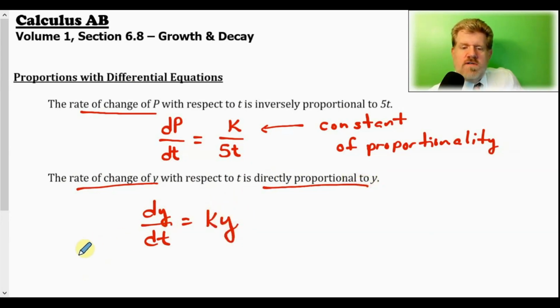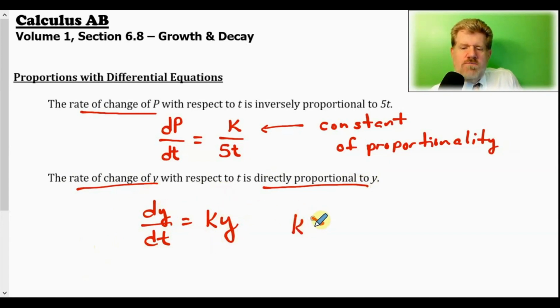So here's what it is. If you're going to change your values of y, it all depends on how many y's you have. So again, if you have money, then you get more money or less money depending, assuming it's constant. Now that k is our constant of proportionality.